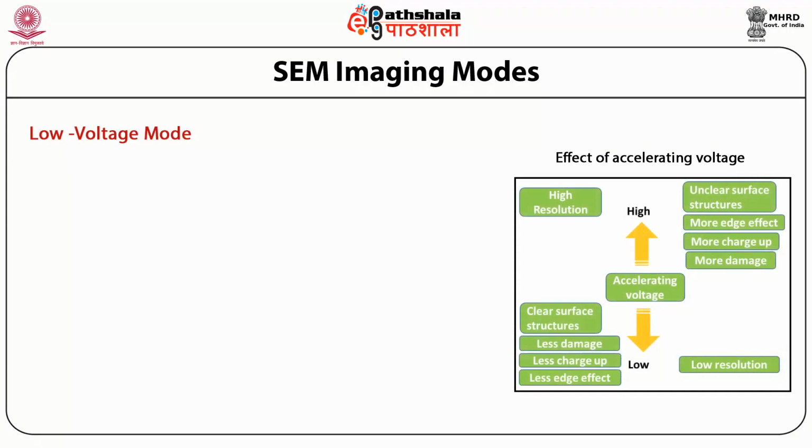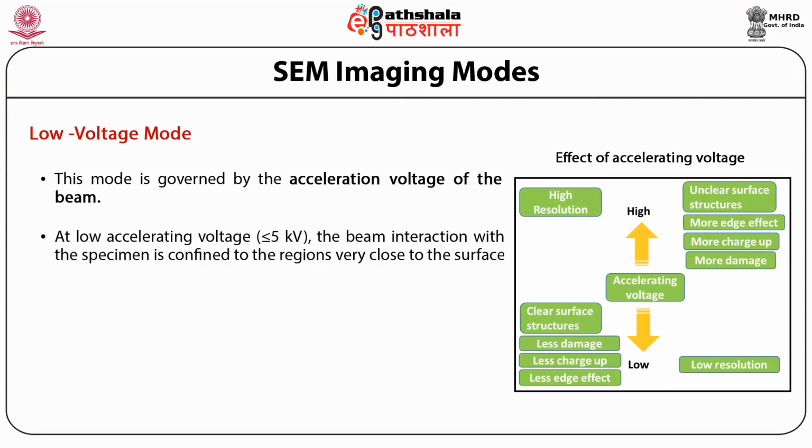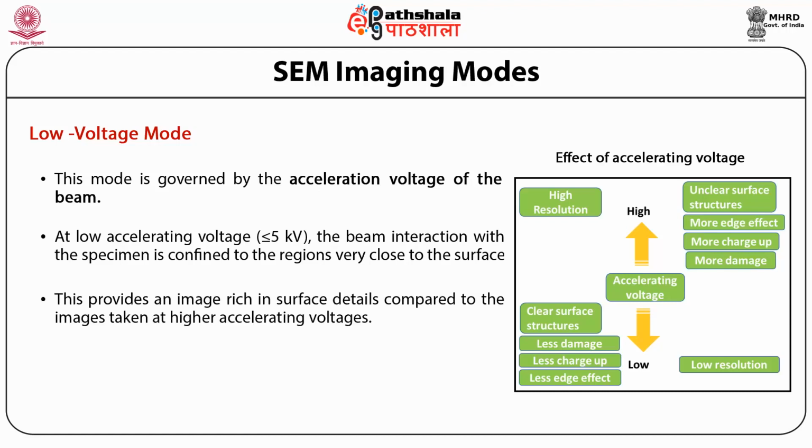Low voltage mode. This mode is governed by the acceleration voltage of the beam. At low accelerating voltage, less than 5 kV, the beam interaction with the specimen is confined to the regions very close to the surface. This provides an image rich in surface details compared to the images taken at higher accelerating voltages.